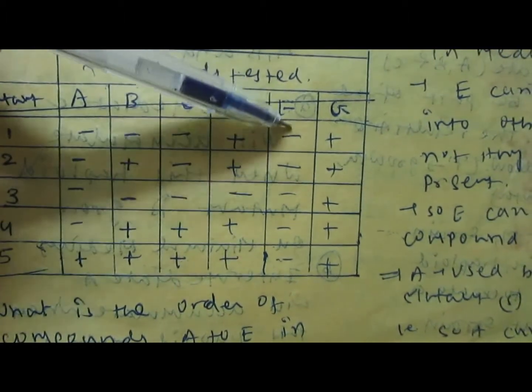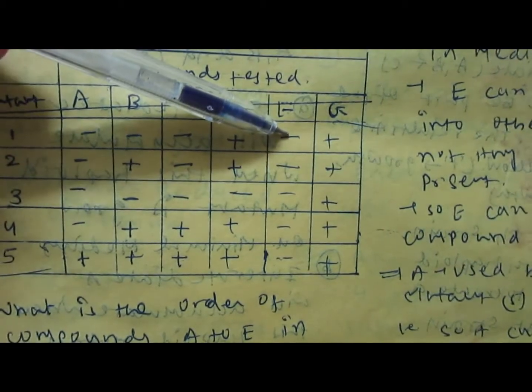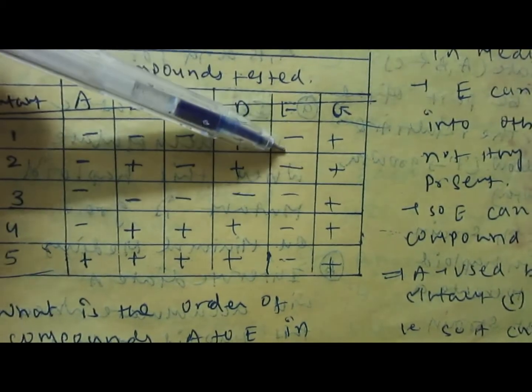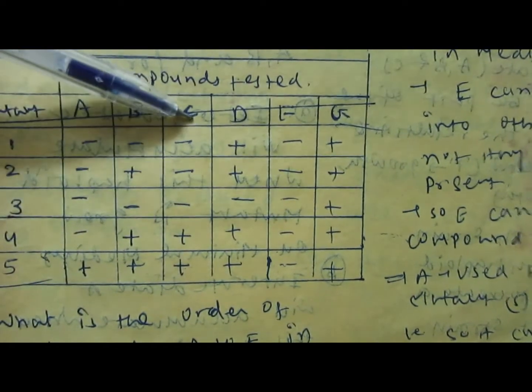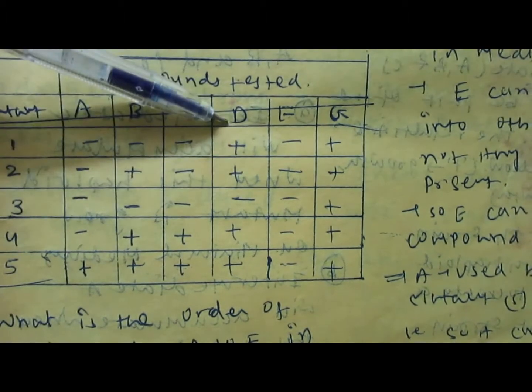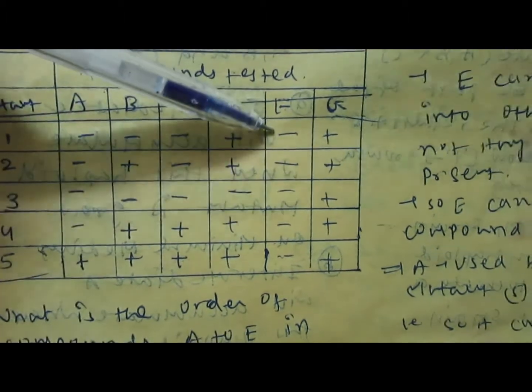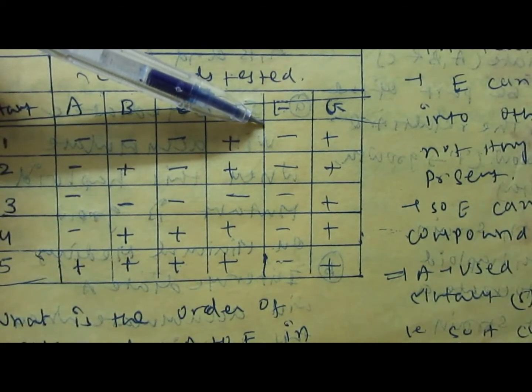That means E is not present in minimal media, so E is converted into some other form, either A, B, C or D. So E should be the first compound of the metabolic pathway of G.